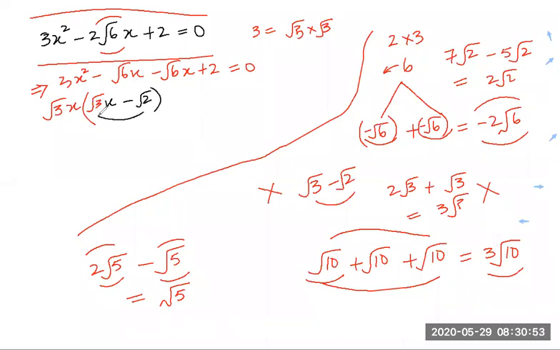Similarly, you have to make sure that you get the same factor here. The coefficient of x is positive, so you will always take something negative common. That negative will cancel with the minus under root 2. Minus under root 2 into under root 3x.